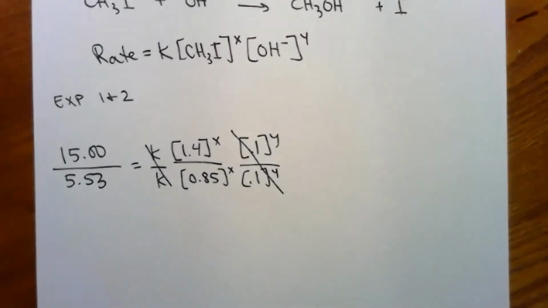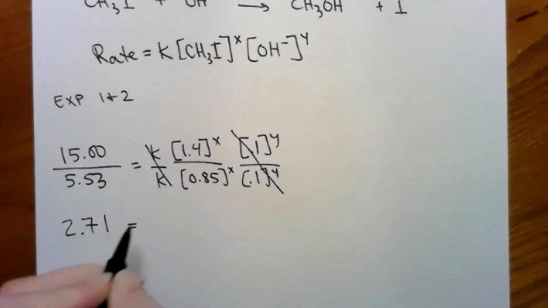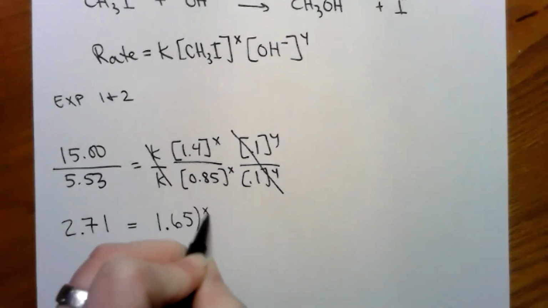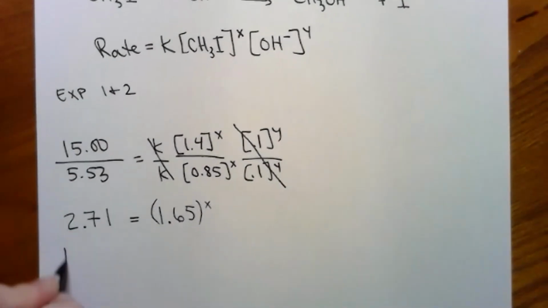And I simplify. I encourage you to try the math and make sure you're following along with what I'm doing, rather than just seeing what I'm doing and saying, okay, that's cool. But here's what I've got. 2.71 is equal to 1.65 to the X. Take the log of both sides.